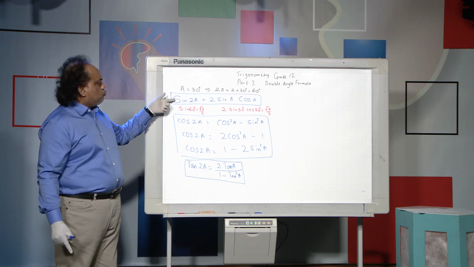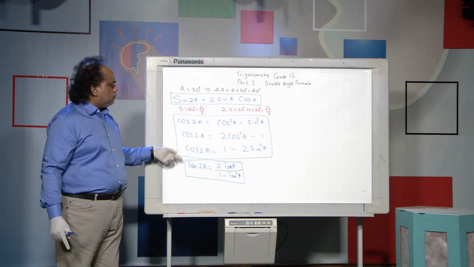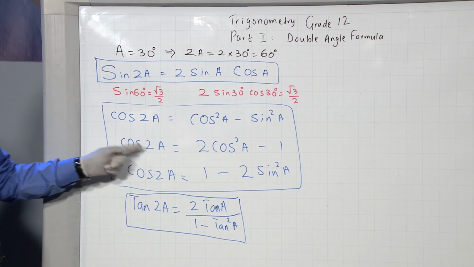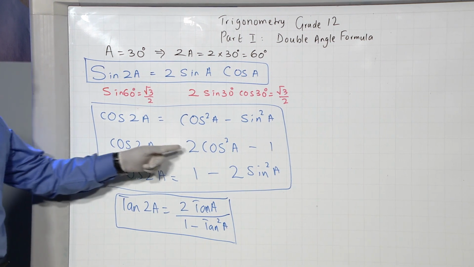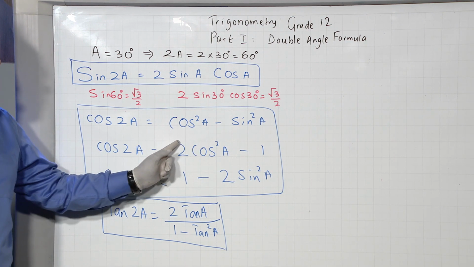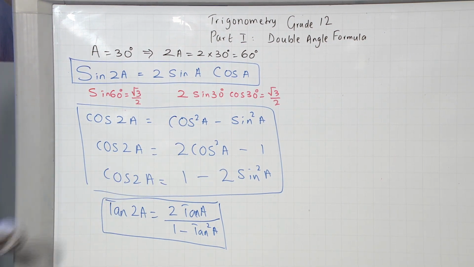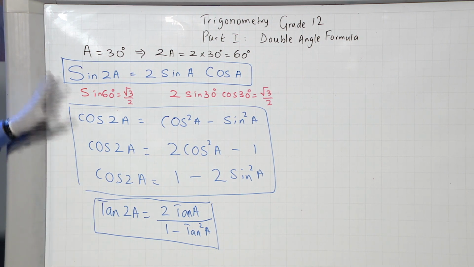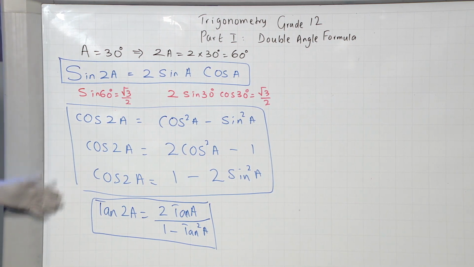So, I have 1, 2, 3, 4, 5 formulae that I have written for you. These are the double angle formulae that you must remember.